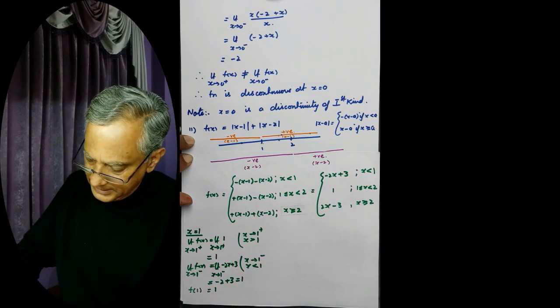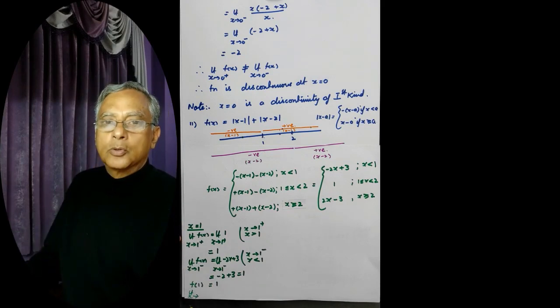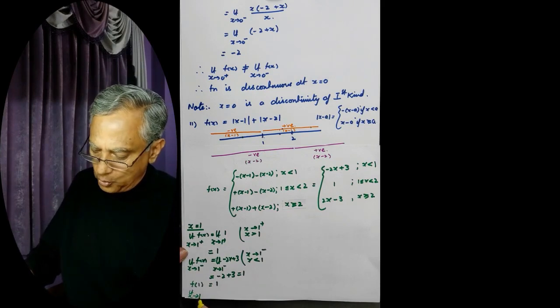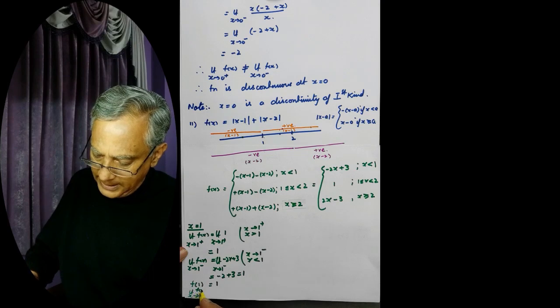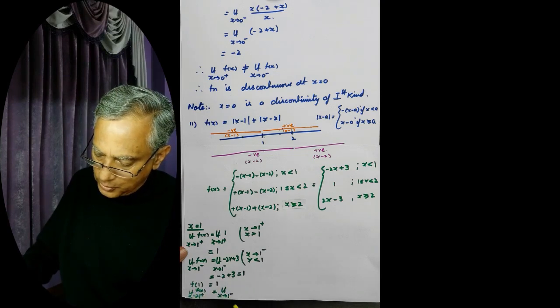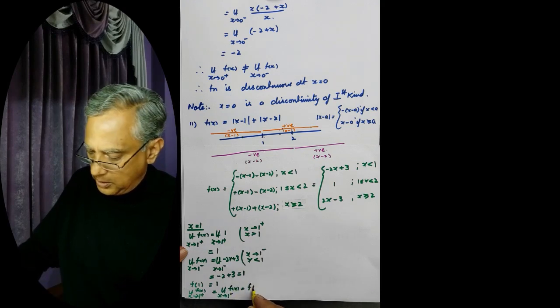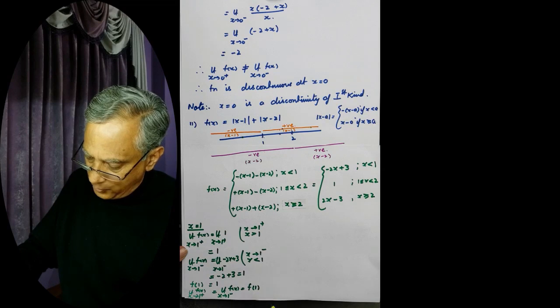So the value of the function is 1. So what we note is limit as x approaches 1 from the positive side f(x) is equal to limit as x approaches 1 from the negative side f(x) is equal to f(1).